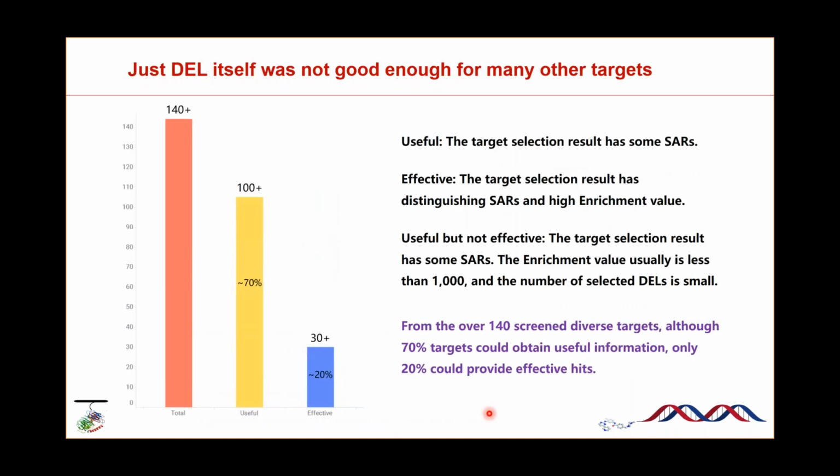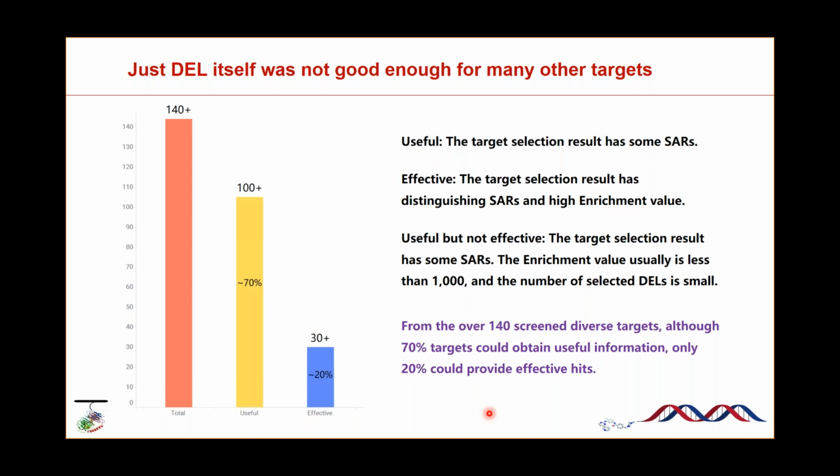In summary, in the last 2 years my group has screened over 140 proteins, and we found around 30 proteins, basically around 20%, that have very good selection results. Basically, they could give you high quality, very clear SAR.